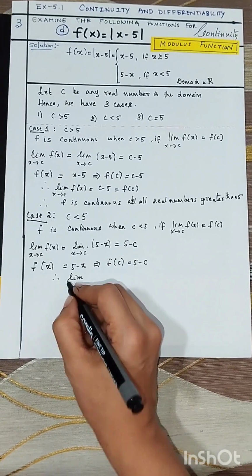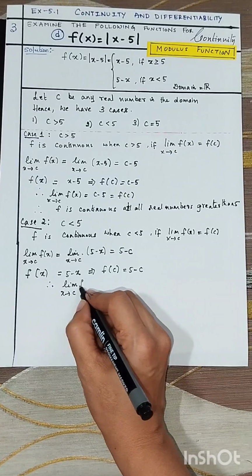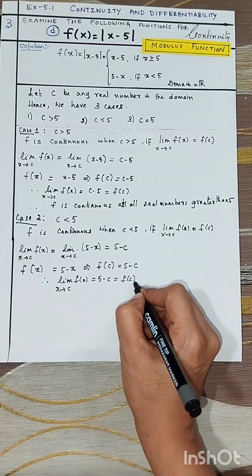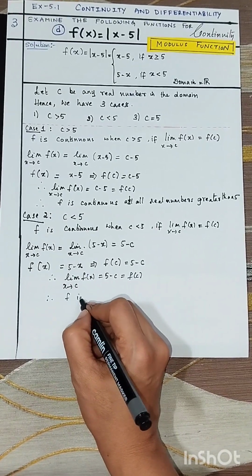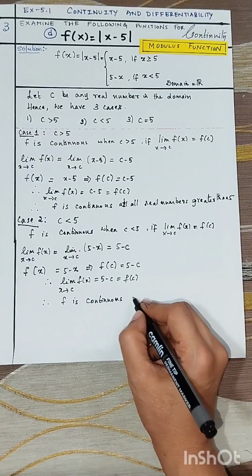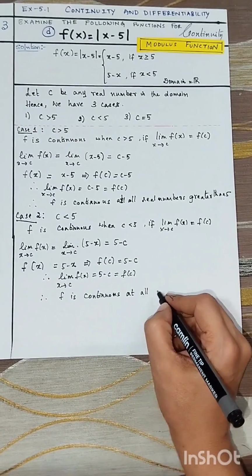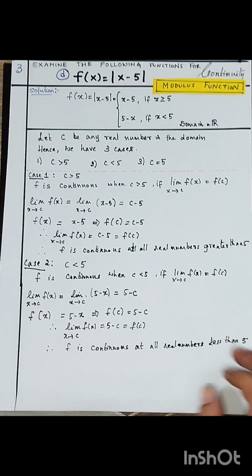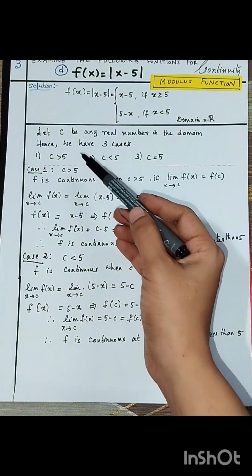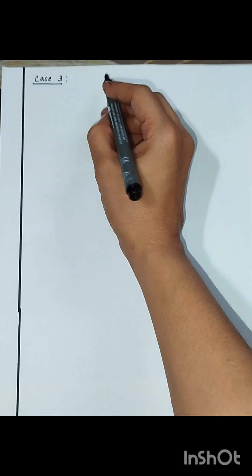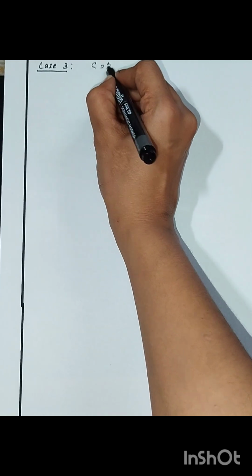Therefore, limit x approaches C, f of x is equal to 5 minus C, and that is equal to f of C. Therefore, f is continuous at all real numbers less than 5. So to prove continuity, we solved in the two cases. Now we'll go for the third case, that is C is equal to 5.